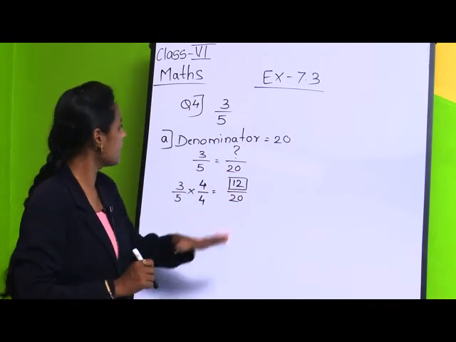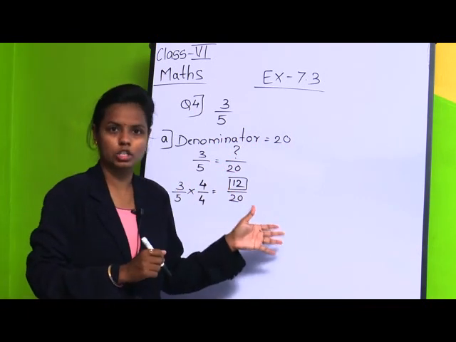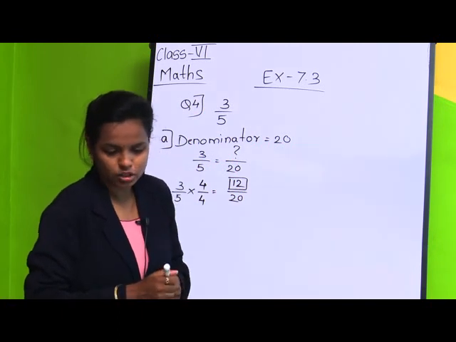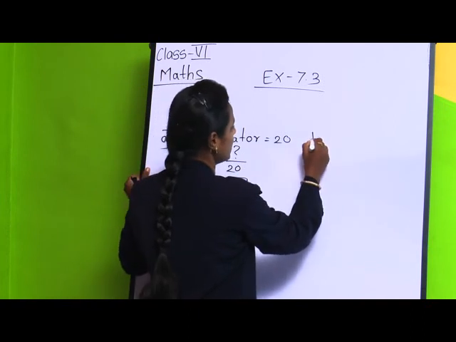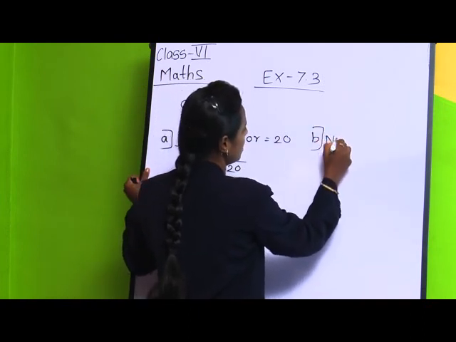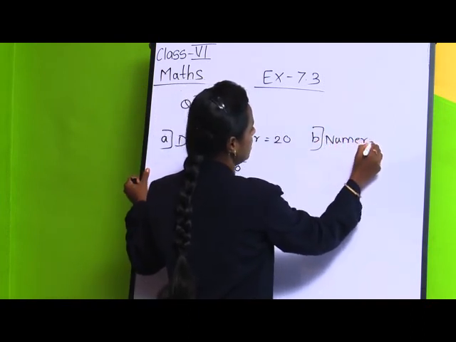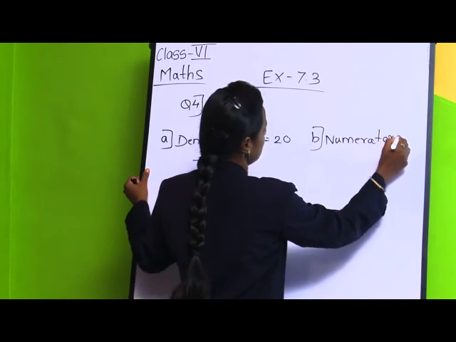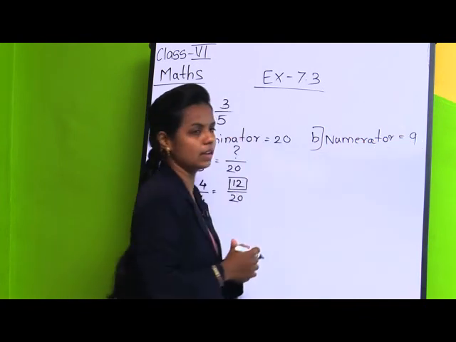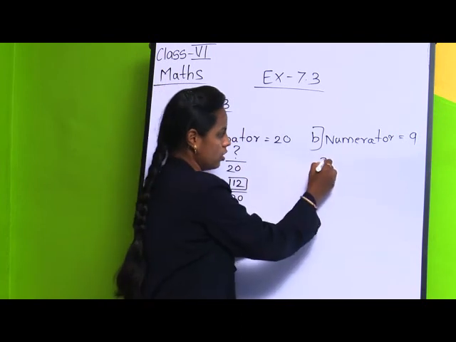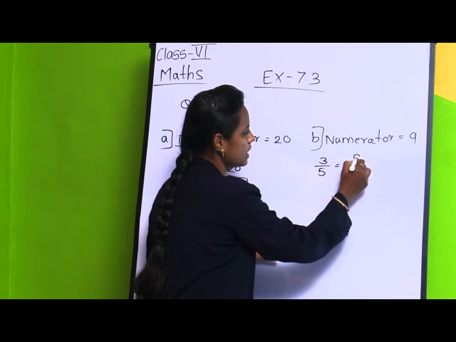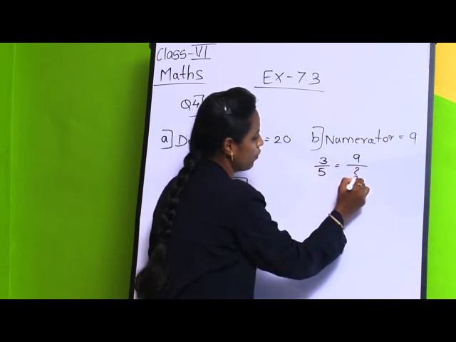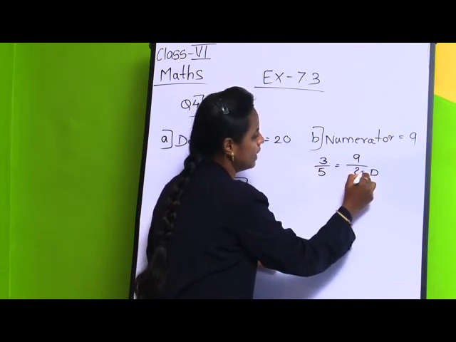A few more examples are there from the same question, we will solve those. Next, we have the numerator 9. This is the second one. Here we have the numerator equal to 9. The fraction is already given, it is 3 by 5, and the numerator is 9 and we need to find the denominator.